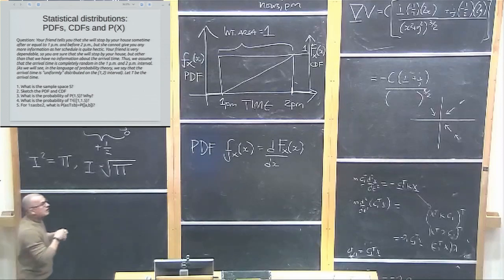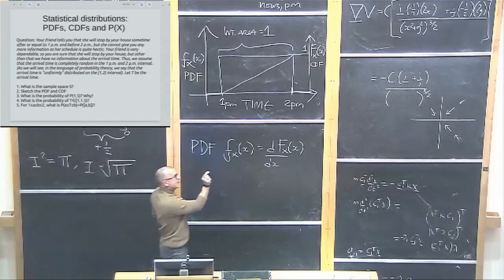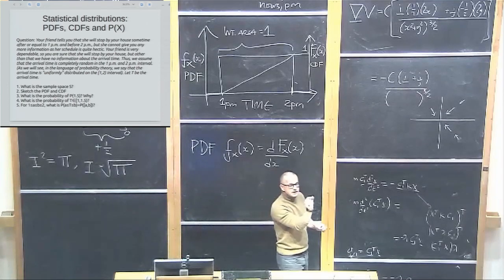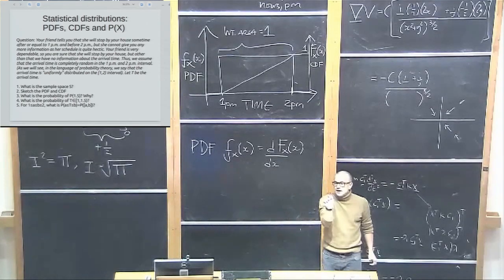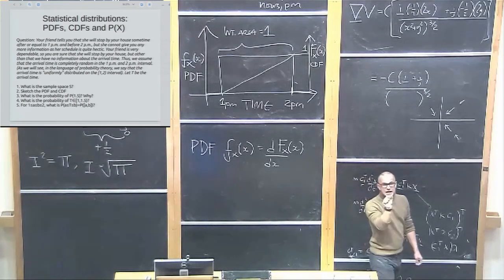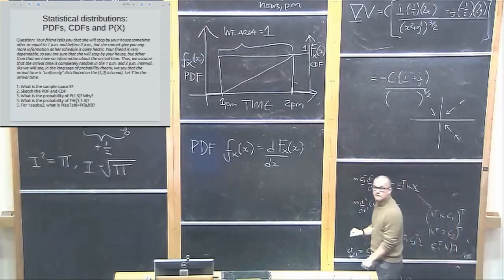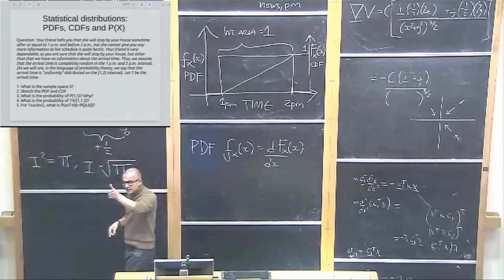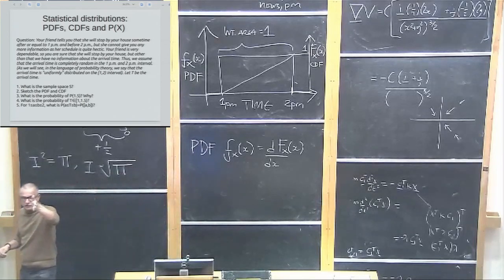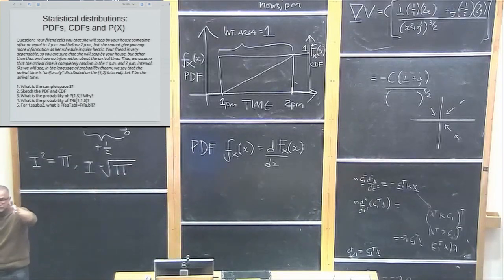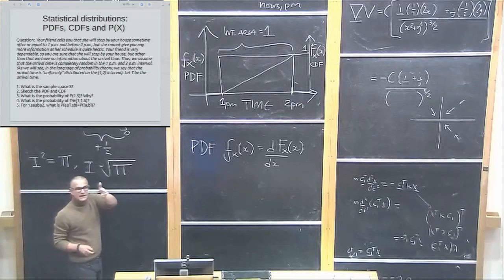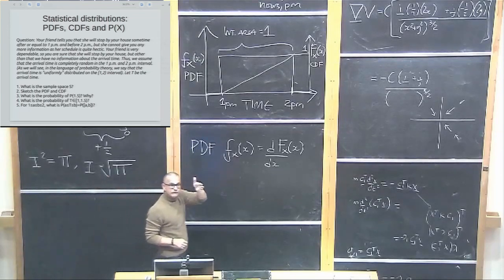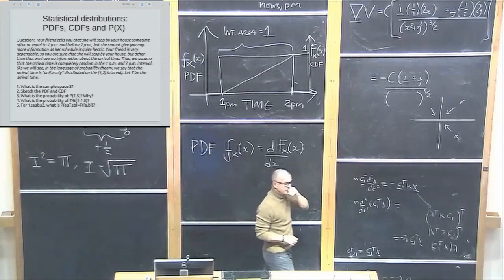Okay? Because you can only evaluate the probability of something happening as a range in the PDF. Because your time intervals can be infinitesimally small, the chance of arriving at any particular time, or the chance of a variable taking some exact value, is 0 for continuous probability distributions.